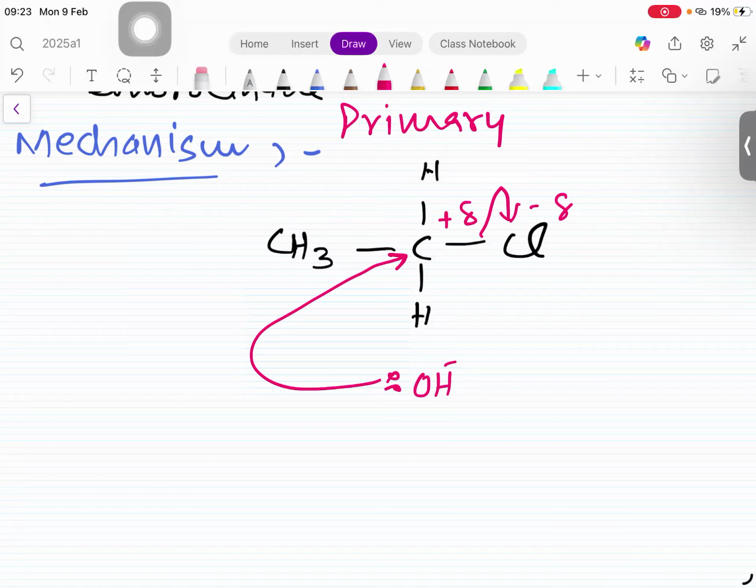That was SN1. But in SN2, the situation is different. She can't leave the chair, it's going to be unstable. So we ask Azka to come and sit here with Anashia, slowly, steadily pushing her.